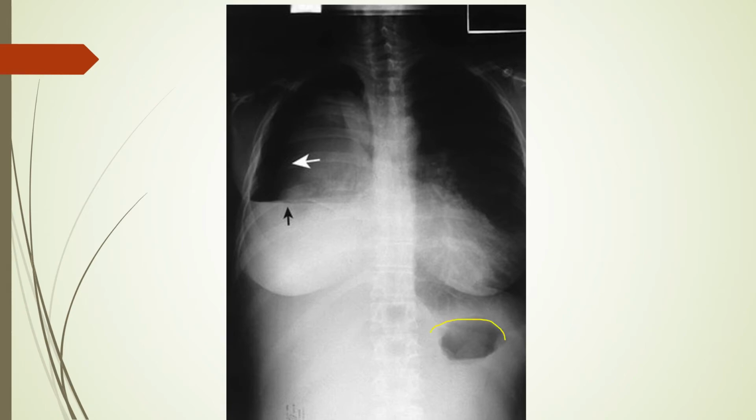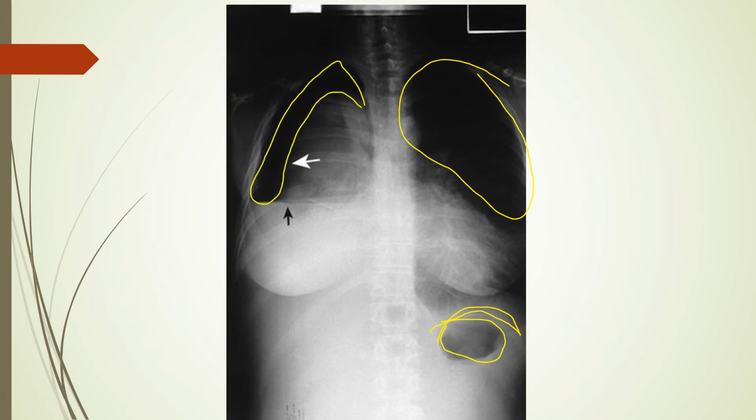You can see the gas bubble here, and so you can sort of see a little bit of that CP angle on her left side, but yeah, not much. But you can see how radiolucent this is, and then this is radiolucent too, but it's because there's free air, and then this is radio-opaque because this is all filled with fluid.